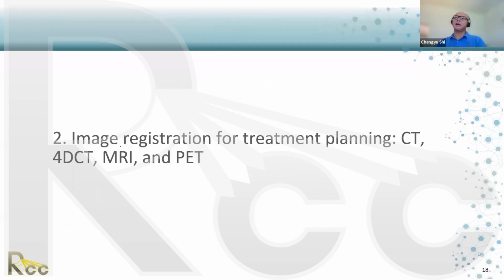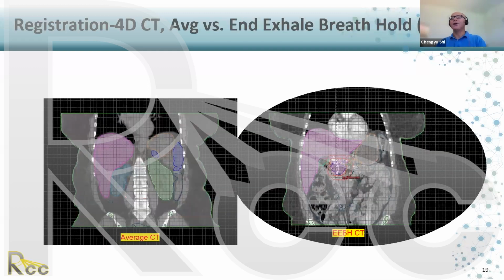So next is image registration for treatment planning, which involves CT, 4DCT, MRI, and PET. For registration here, with the 4DCT, we do not do the deep inhale, we do the deep exhale, like with a compression belt. The difference is you ask the patient to do it actively.